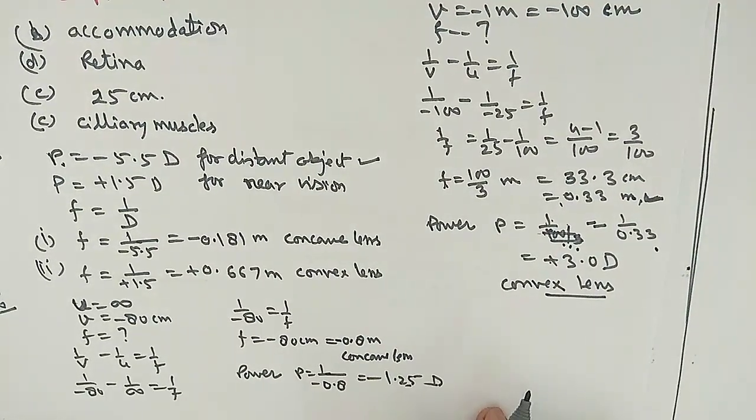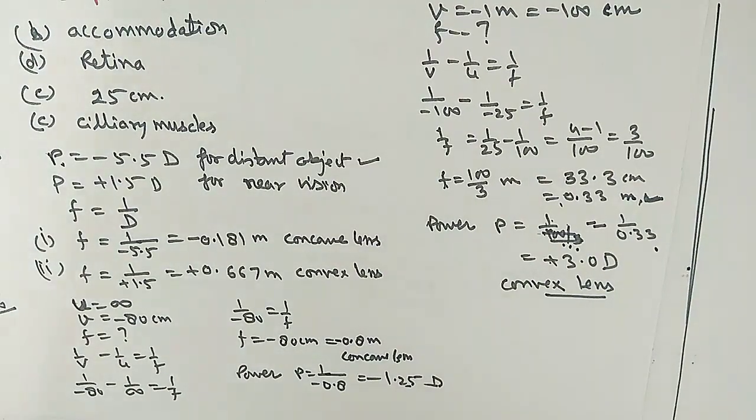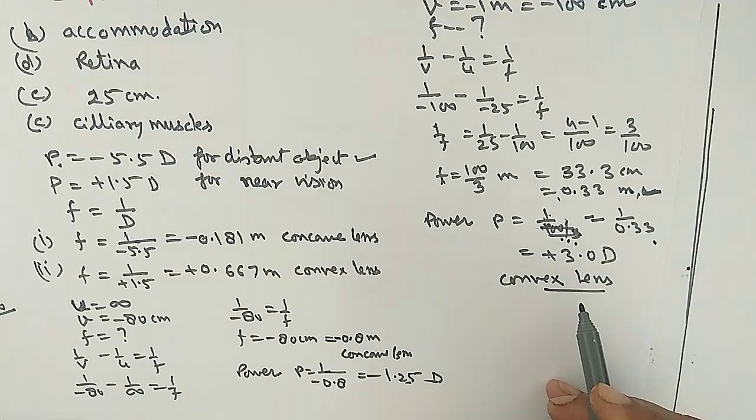Now students, if you read question number 8, why the normal eye cannot see clearly the objects placed closer than 25 centimeter? Means if the object is placed very near to your eyes, less than 25 centimeter distance, why can we not see the objects clearly?